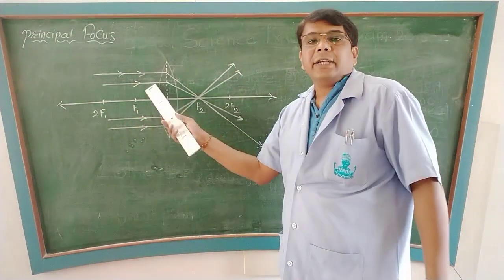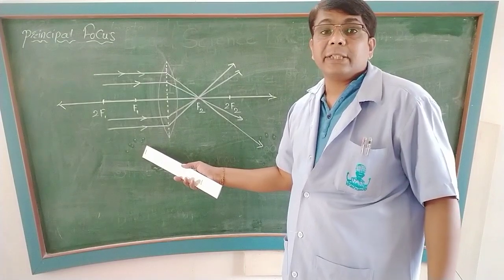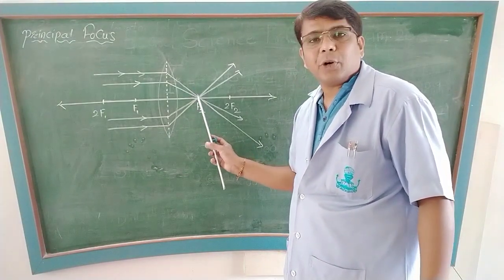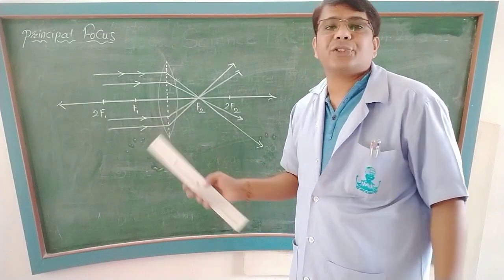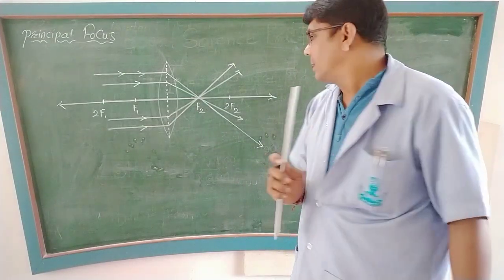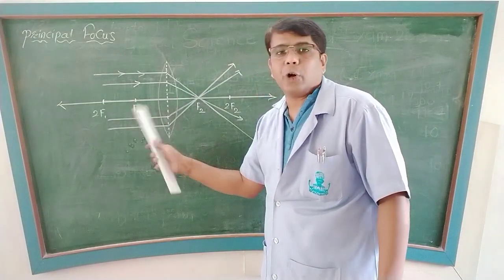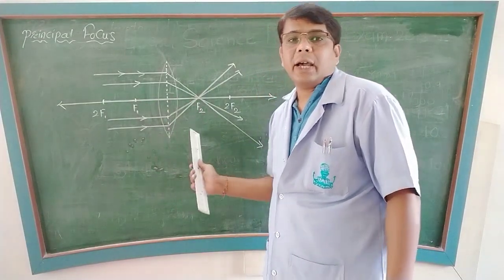So rays of light parallel to the principal axis, after refraction meet each other at a point on the other side. That point is called the principal focus. So for convex lens there are two principal foci, F1 and F2.